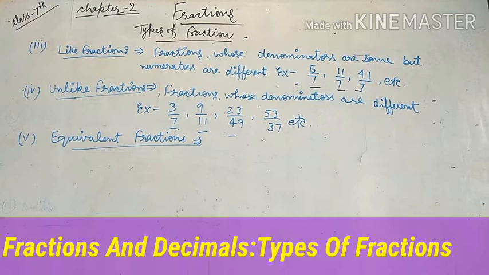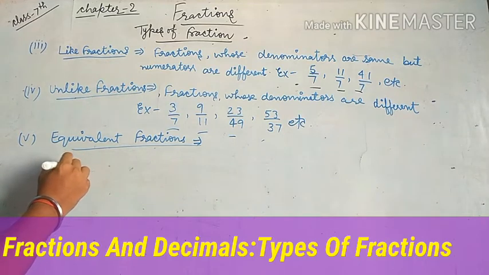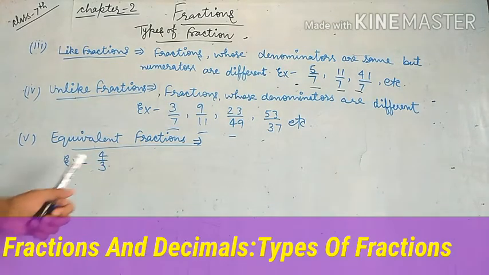If you multiply or divide in equal ratios in the numerator as well as in the denominator. Okay. Suppose I give you an example to understand equivalent fractions. Suppose you have a fraction 4 upon 3 and we want an equivalent fraction of this.